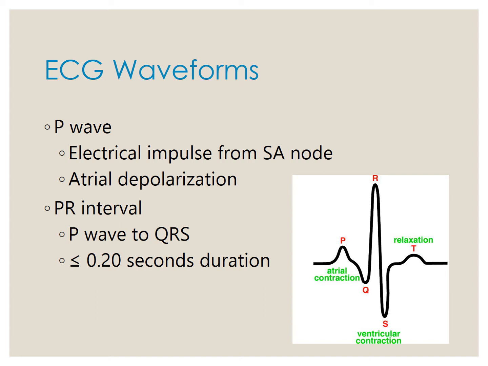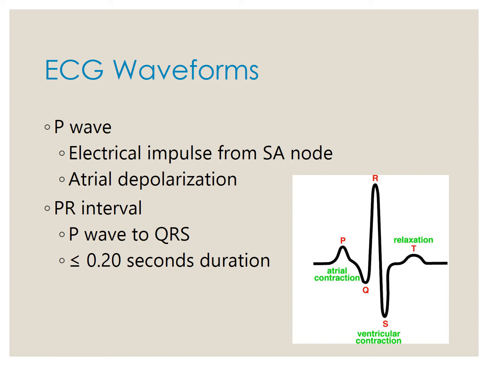The PR interval is measured from the beginning of the P wave to the beginning of the Q wave. Okay, we're going to do this in class, so I'm not so worried about you understanding this right now, because once you have it in front of you and you're physically doing it, it will all come together. So for a normal ECG rhythm, the PR interval should not exceed 0.2 seconds.